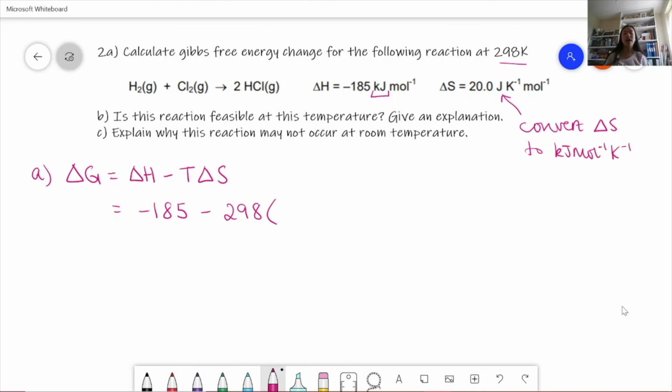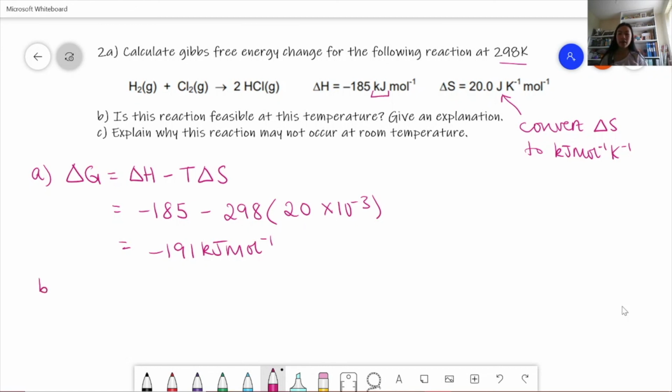You can either do that or convert the delta H, it's up to you, but they both have to have the same units. So we multiply by 10 to the minus 3 or divide by 1,000. That gives us a delta G value of minus 191 kilojoules per mole.